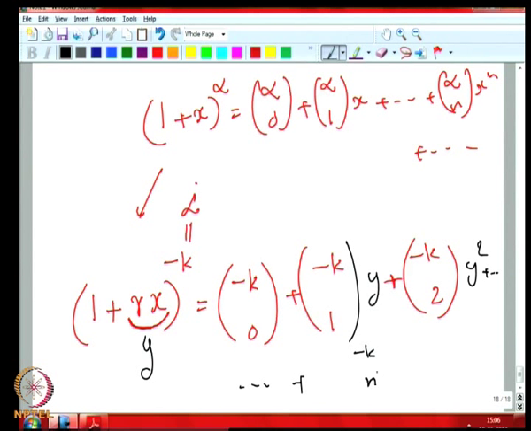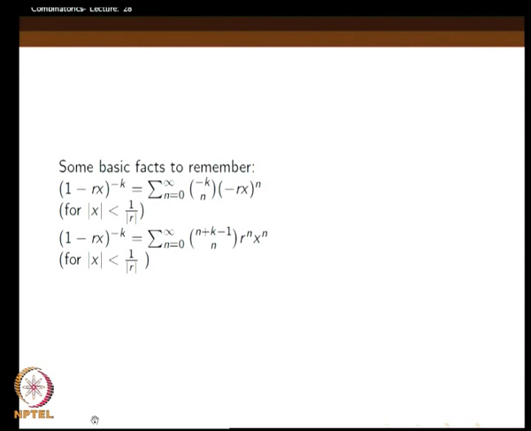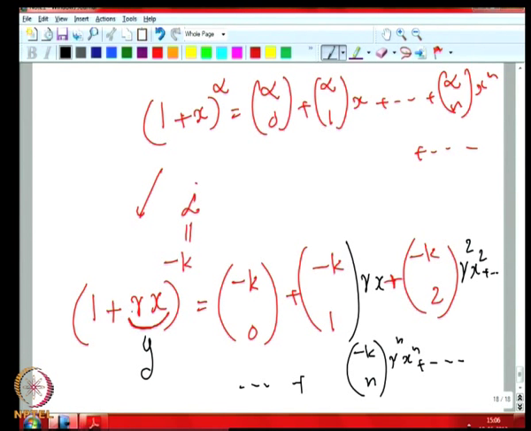Minus k choose n y to the power n, right. Now, y can be substituted as r x. So, this will become r times x, this will become r square times x square, this will become r raised to n times x raised to n.